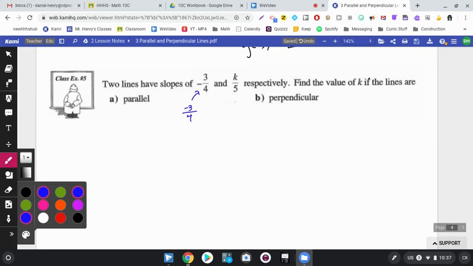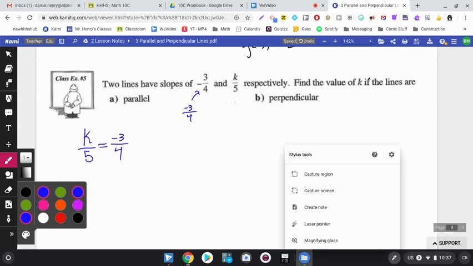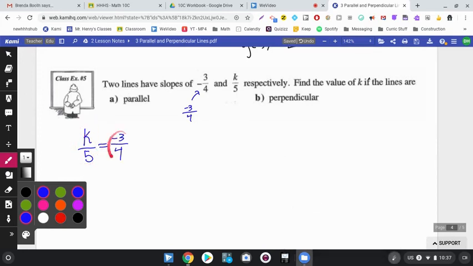And then if I look at parallel, what I know is for k/5 to be a parallel line to that, it needs to have the same exact slope. It needs to have a slope of -3/4. So this thing that I'm trying to figure out has to equal the same thing, or at least it has to reduce to the same thing.